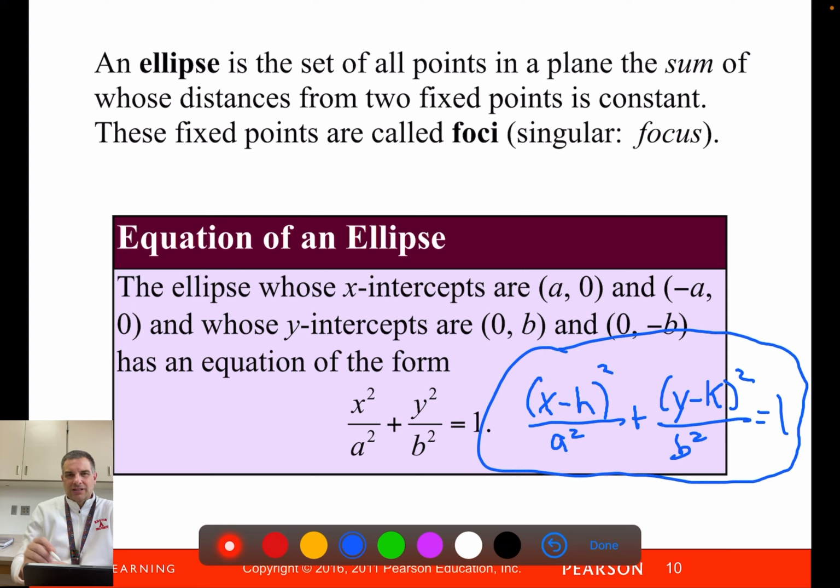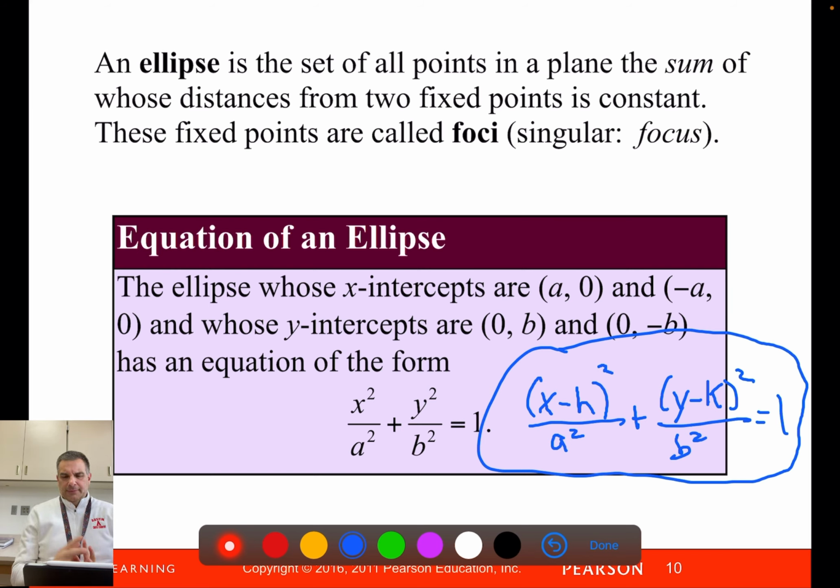So it kind of looks like a circle, and it kind of is, but now it's being divided by a squared and b squared, and that's the key point. And a and b have to be different as well. Otherwise, you're just looking at a circle, and that's really not what we want.